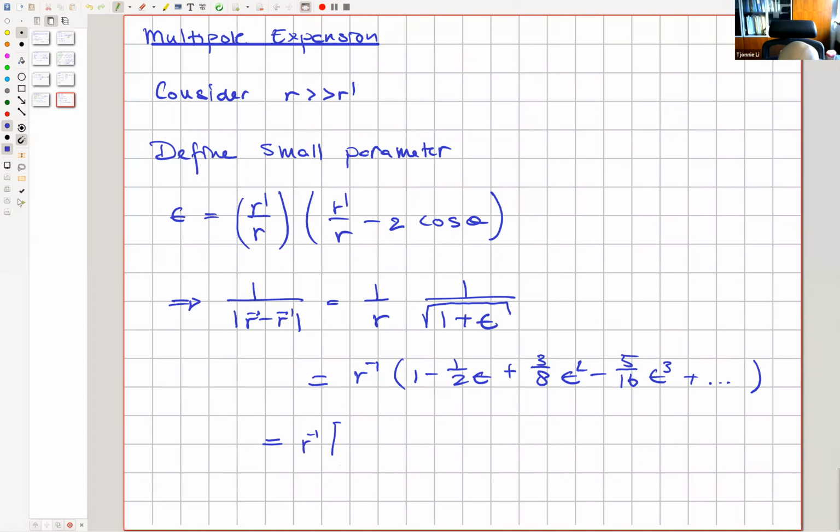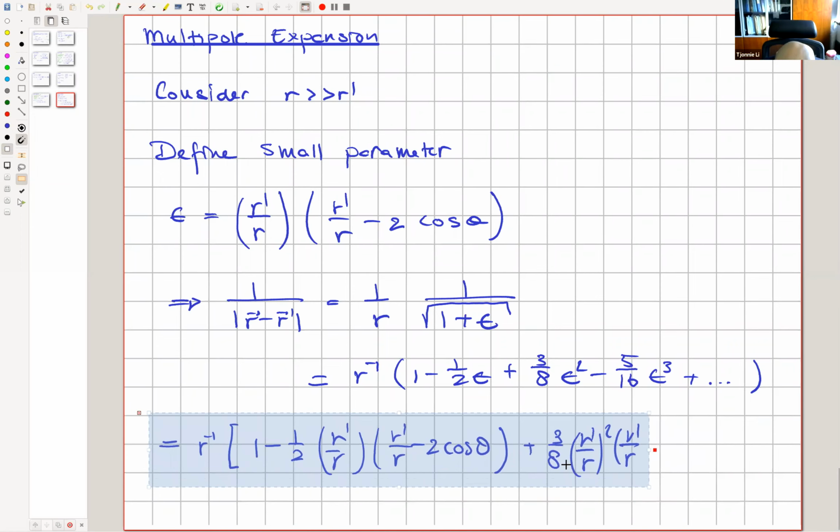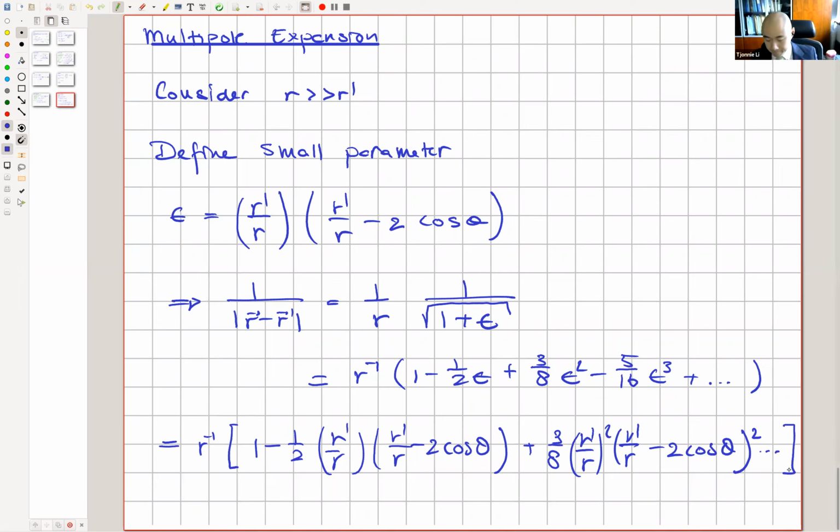So this is r to the minus 1, and if I now do this unpacking, I get 1 minus one half r prime over r times r prime over r minus 2 cosine theta, plus 3 over 8 times r prime over r minus 2 cosine theta, squared, and so on.